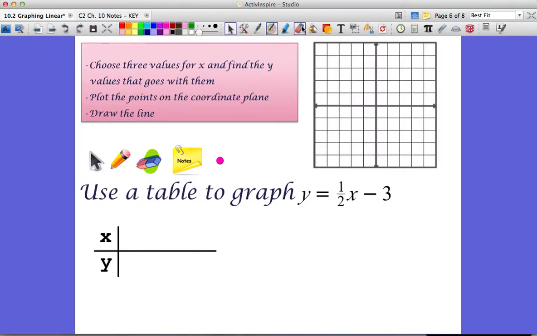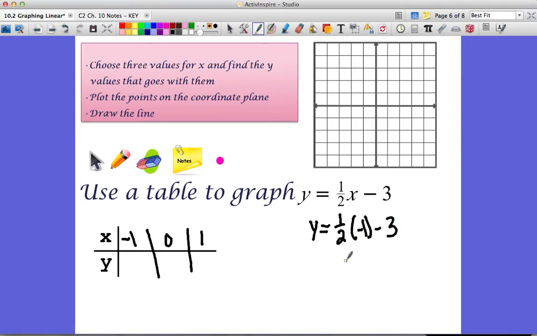So let's go ahead and try this. I am actually going to start with a negative number. So I am going to start with -1, 0, and 1. So I put in y is equal to 1/2 times -1 minus 3. 1/2 times -1 gives me -1/2 minus 3.